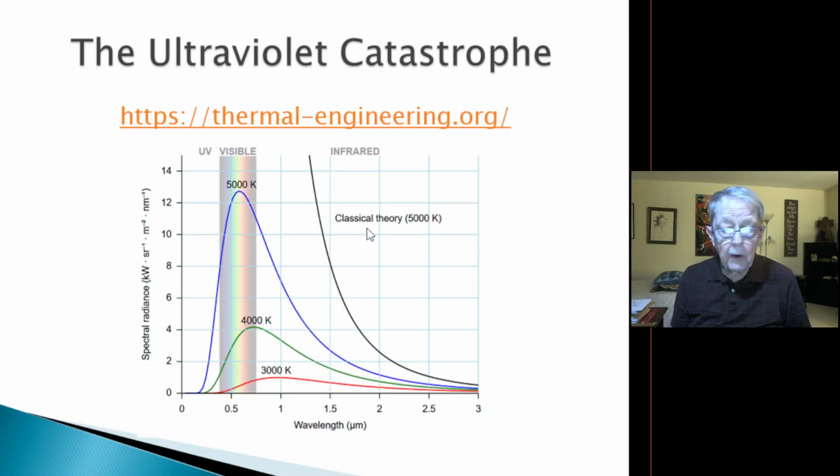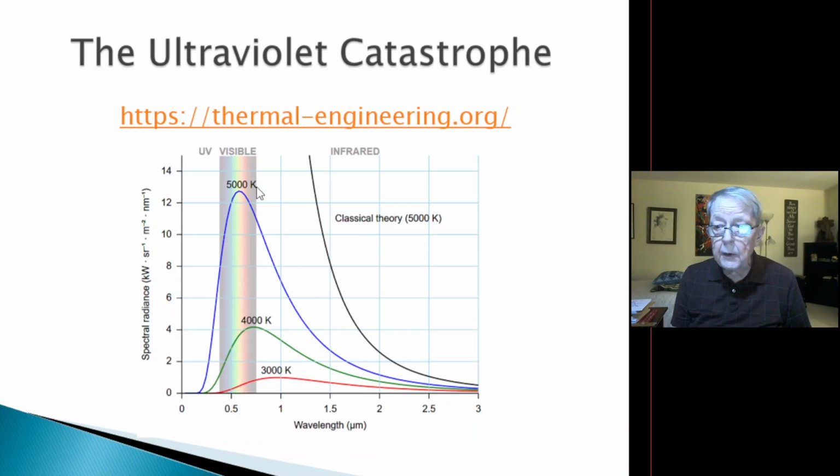So this graph actually helps explain the catastrophe. This is the spectral radiation here in kilowatts per steradian per meter squared per nanometer. And the horizontal axis is the wavelength of light in micrometers.